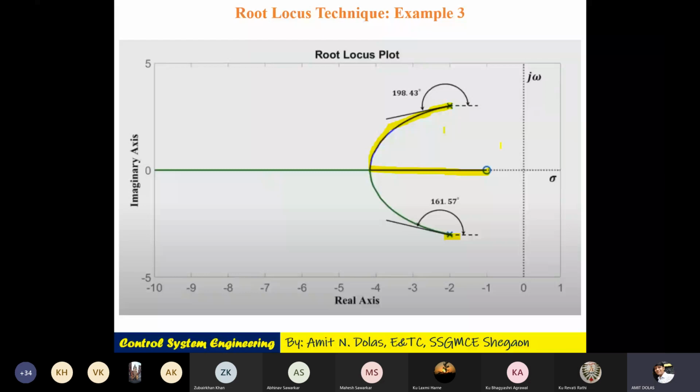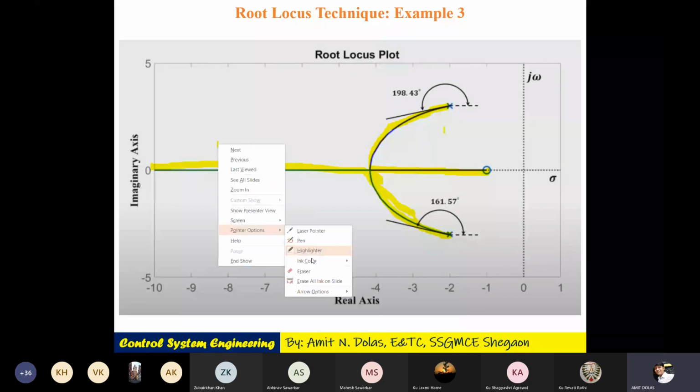But what about the other branch? It started at -2 minus j3 and it moves in this way and terminates towards infinity. So every pole which starts a branch will terminate somewhere. If 0 is available, it will terminate at 0. If it is not available, definitely it will terminate at infinity.